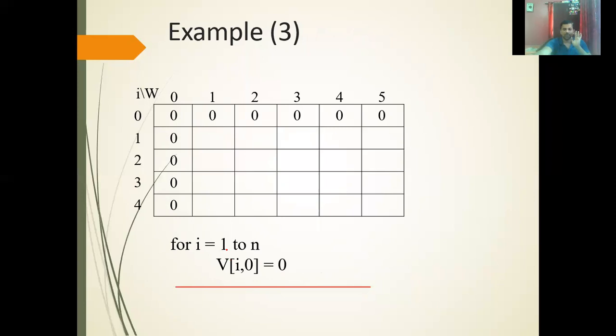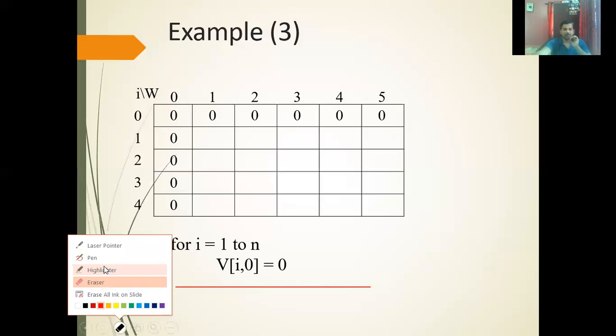Sorry, this should be 0 to n. Okay, it can be 1 also because already this is 0, right? So 1 to n it can be. 1 to n, b of i comma 0 is initialized to 0. These 4 elements are going to be 0 here.